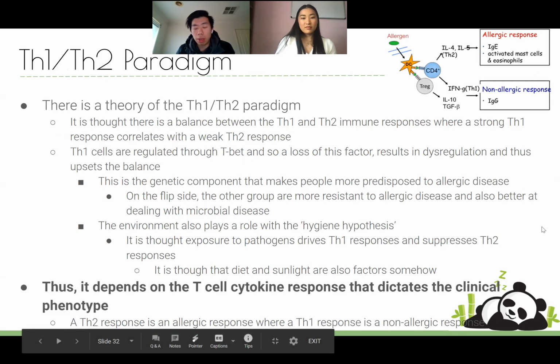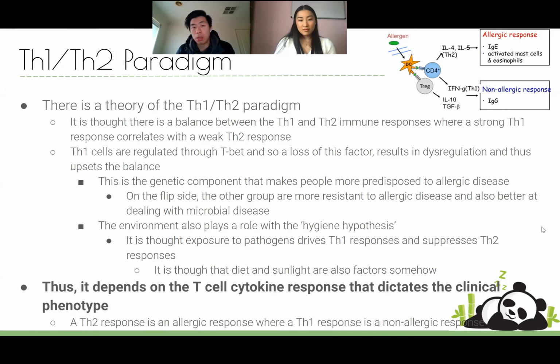There's this theory where the Th1 cells and Th2 cells are in a paradigm or a balance. Effectively, what it's talking about is that in society, when you have more atopic diseases, your Th1 response is downregulated or your Th2 response is upregulated. And as a result, you have more of an allergic response and more of a hypersensitivity.